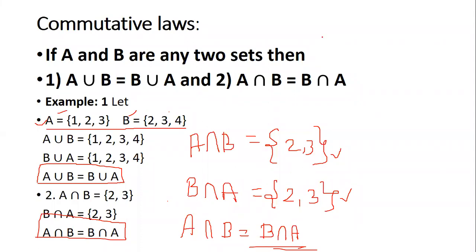Quickly. Everybody give me the answers. Commutative law. Now in commutative law, the first rule is A union B equals B union A. Correct?